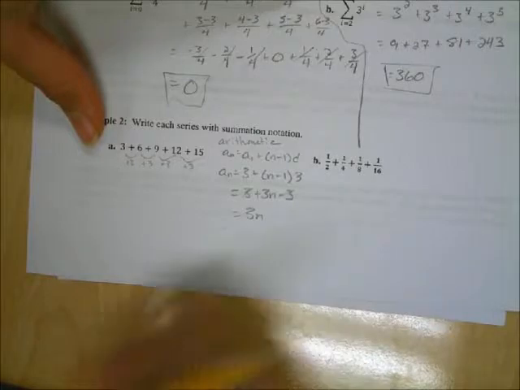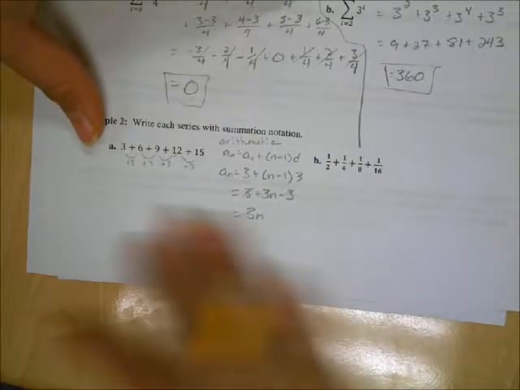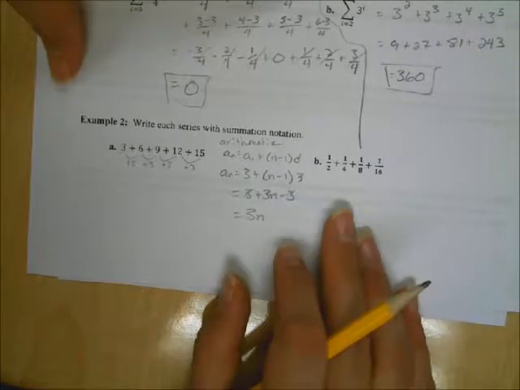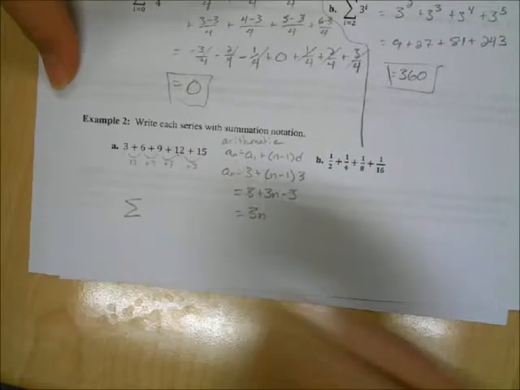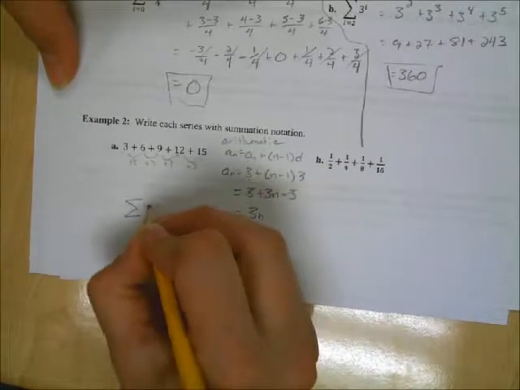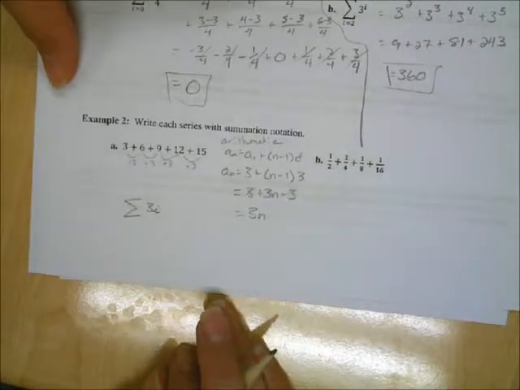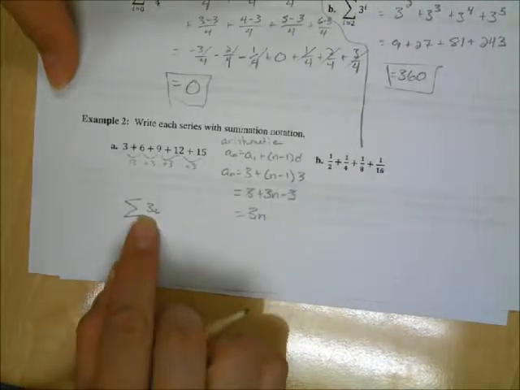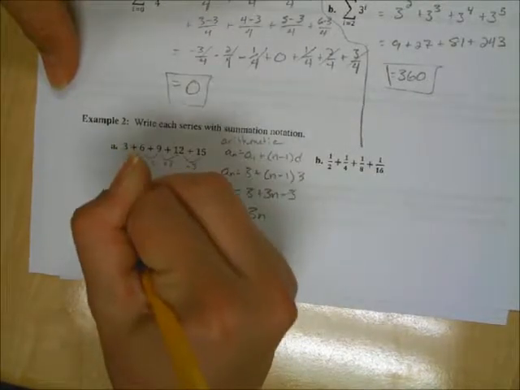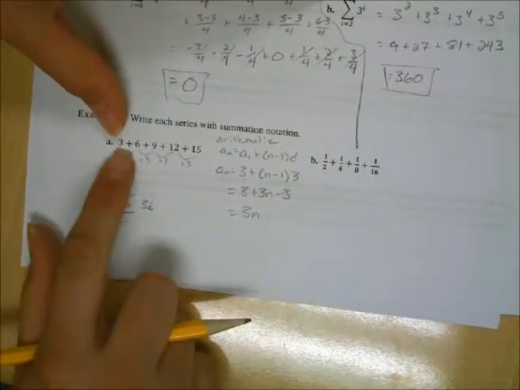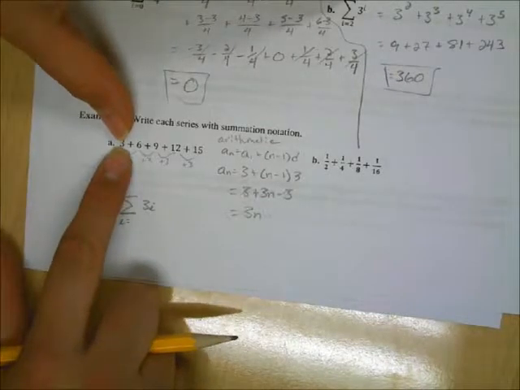Now once I have my general term, I can write my sigma notation, or summation notation rather. I am going to switch to i, just because i is what you typically use in summation notation. So my general term is 3i. Now I have to figure out i equals what? When I plug in my first number, I need to get my first term.